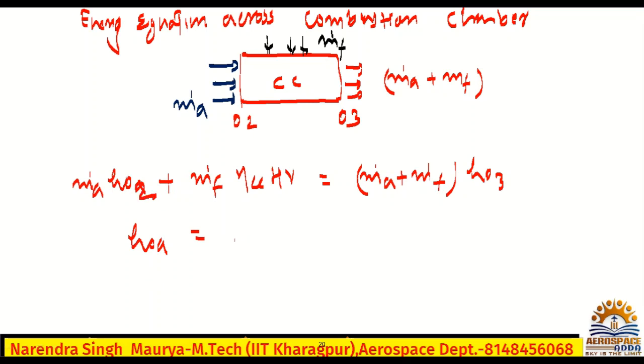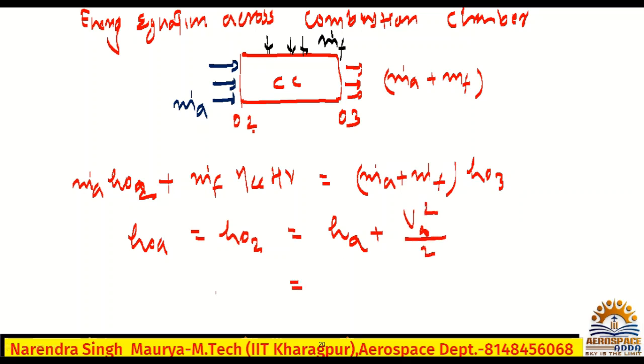And this H naught 2, because across the combustion chamber we have written here 2 and 3. So this is H naught 2. What is the H naught 2? H naught 2 is nothing but H naught A. And what is the H naught A? That is the total enthalpy at the inlet. So static enthalpy at the inlet, which is HA, plus velocity of the aircraft squared by 2.